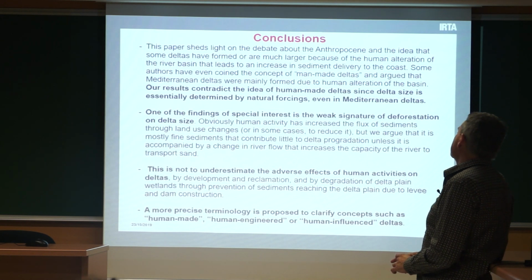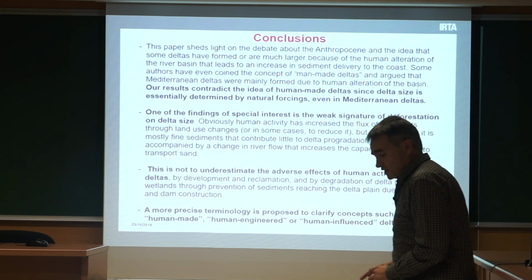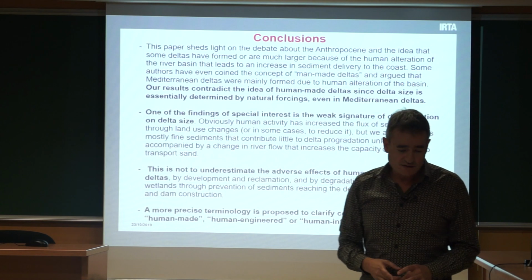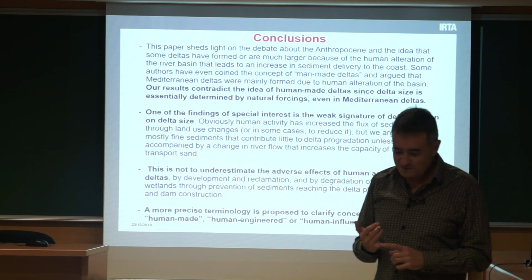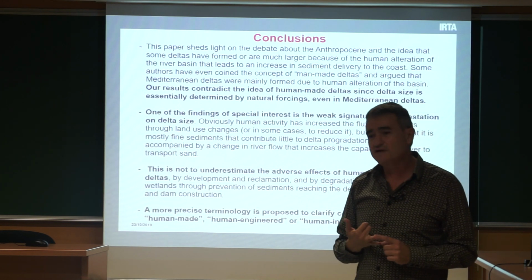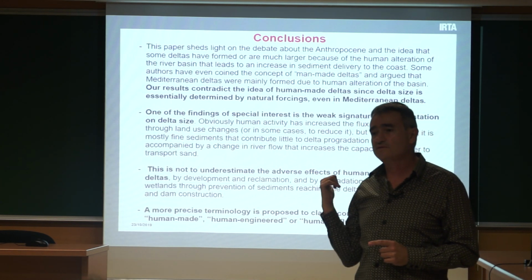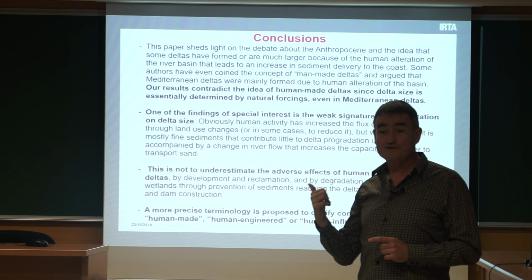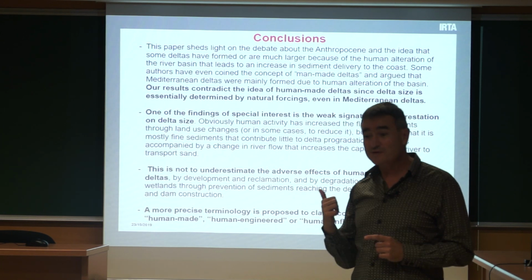So the take-home message would be that, yeah, the Anthropocene is very relevant, and we're changing the river basin. We're changing the river itself, because I didn't talk about the influence of altering the river itself.